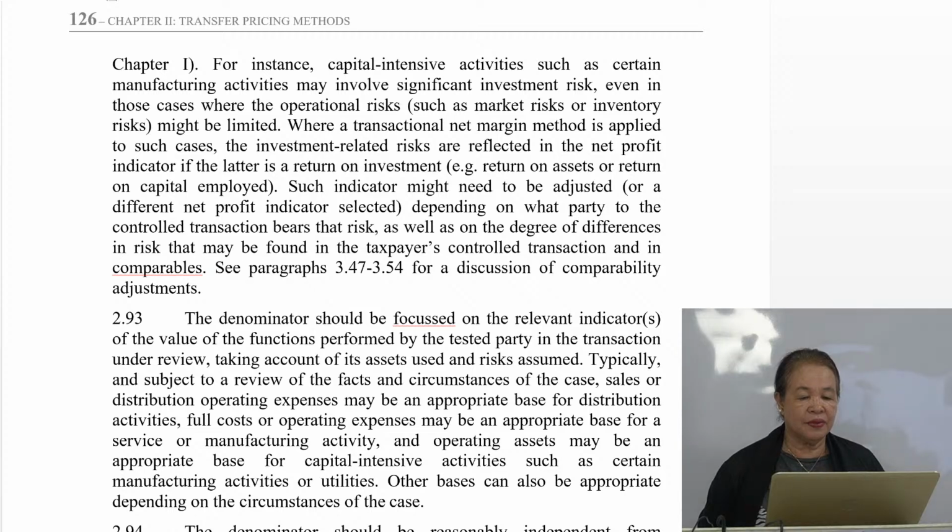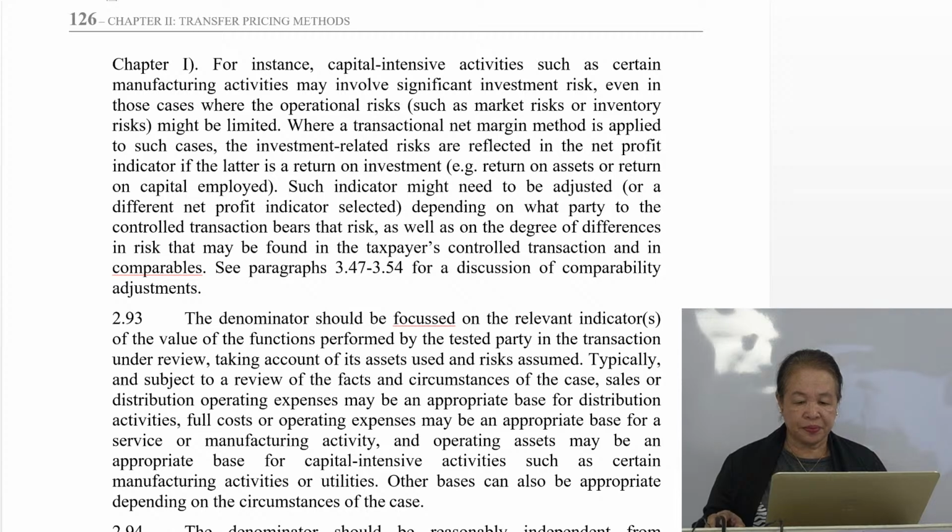So if the latter is a return on investment, return on assets, or return on capital employed, such indicator might need to be adjusted or a different net profit indicator selected depending on what party to the controlled transaction bears the risk, as well as on the degree of differences in risk that may be found in the taxpayer's controlled transaction and in comparables. See paragraph 3.47 to 3.54 for a discussion of comparability adjustments.